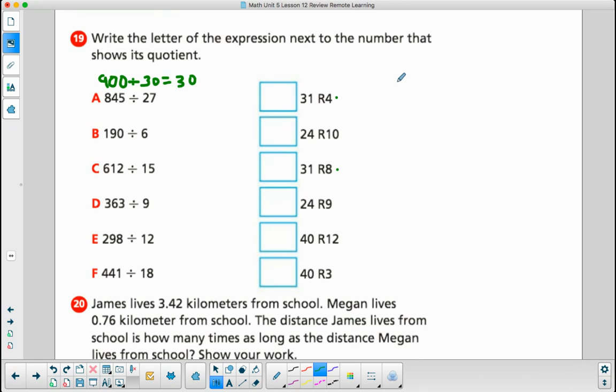So I am going to start by using that idea. 845 divided by 27.